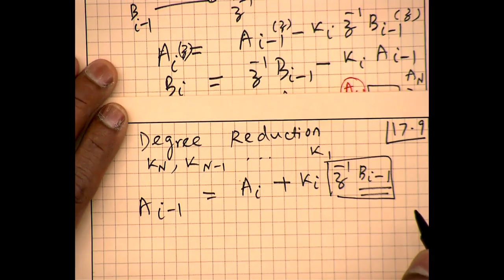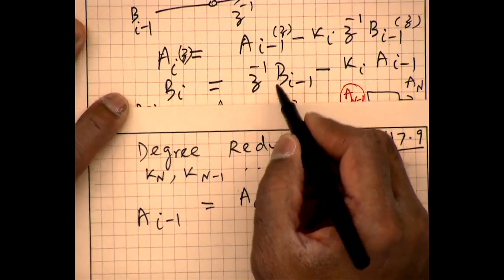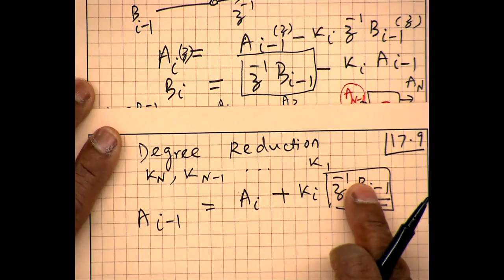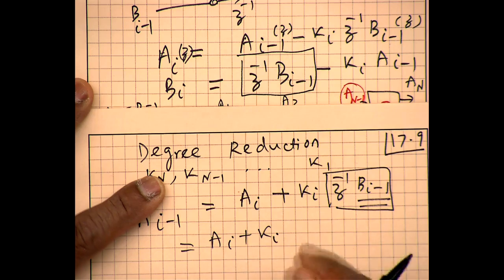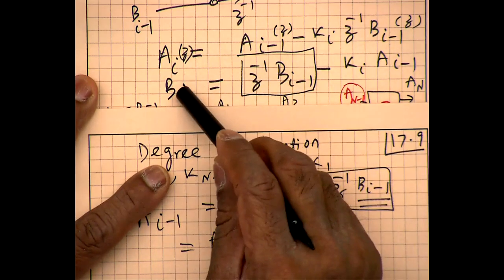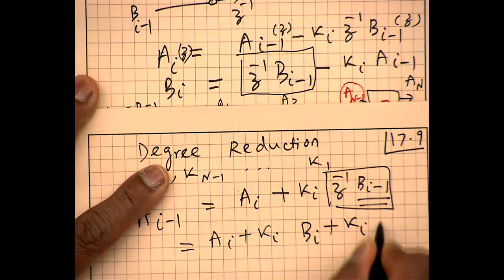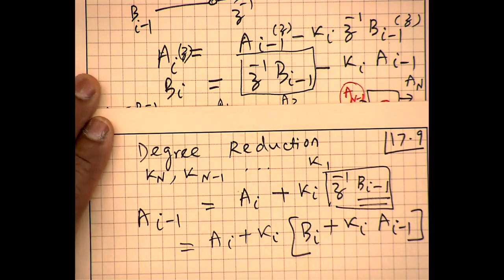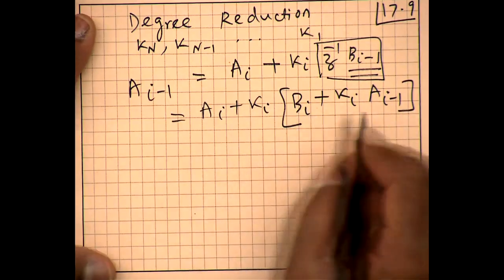So I have to somehow make sure I do not use Bi minus 1. Well, that's certainly possible to do. I have another equation and I can substitute this quantity here. So this then becomes equal to Ai plus Ki times this quantity, which is Bi plus Ki Ai minus 1. So I have to do a little more algebra.